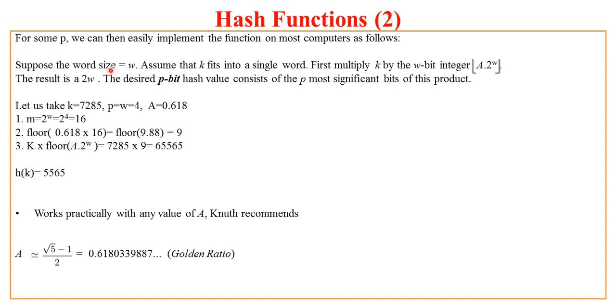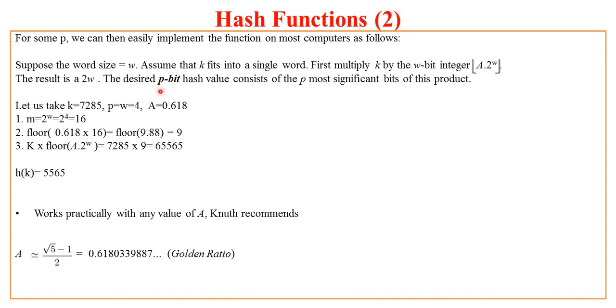Suppose we have word size w and assume that k fits into a single word. First we multiply k by a w-bit integer, that is a into 2 raised to power w, and take the floor of the result. The result will be 2w bits, and we multiply this result with k.